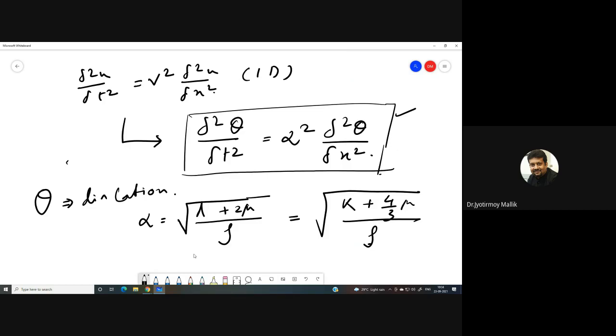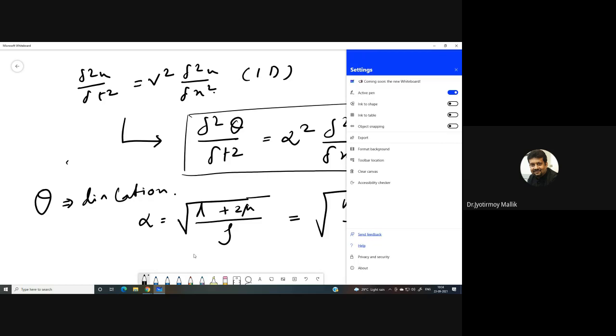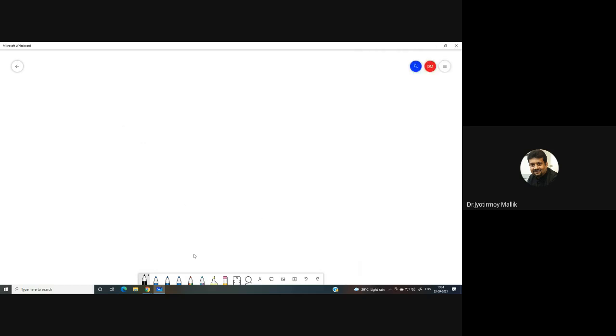Now I'm interested in this particular equation, where alpha is equal to root over k plus 4/3 mu by rho, where k is the bulk modulus and mu is the shear modulus.